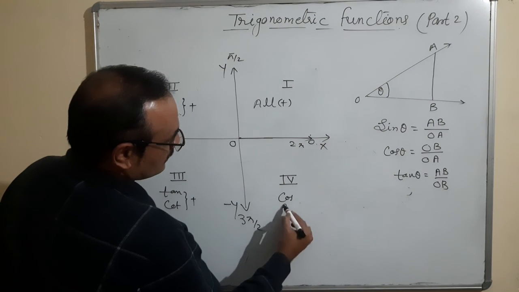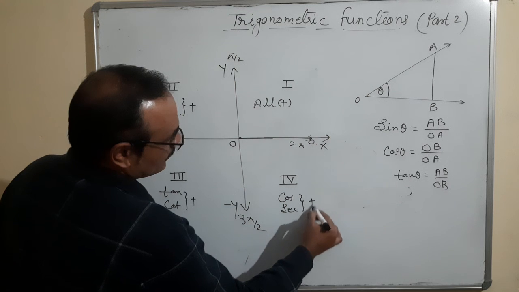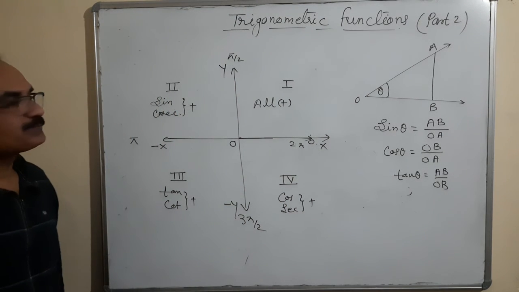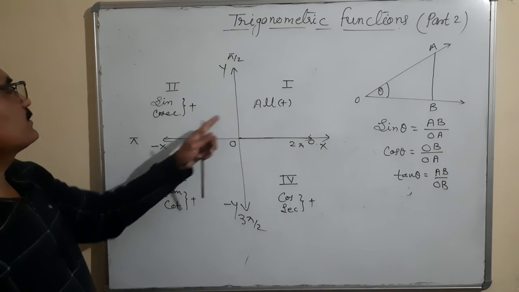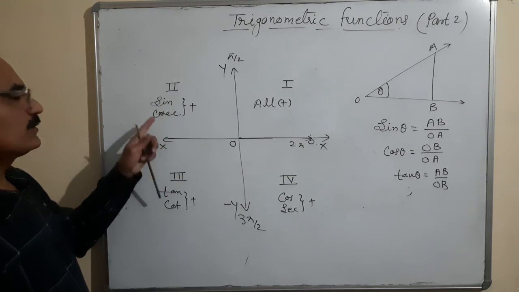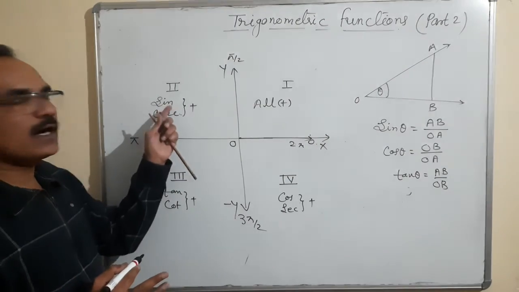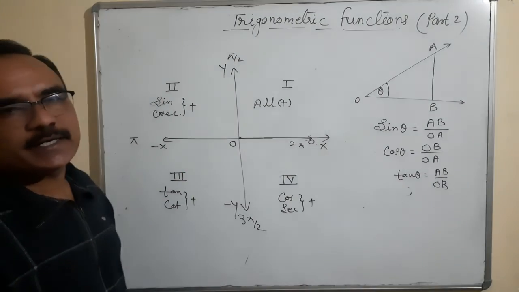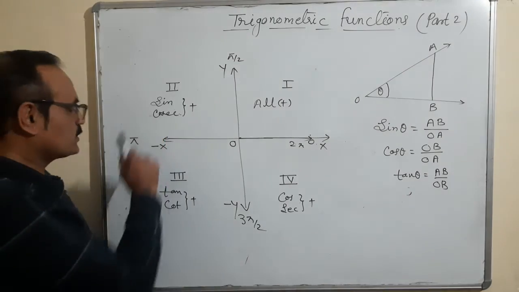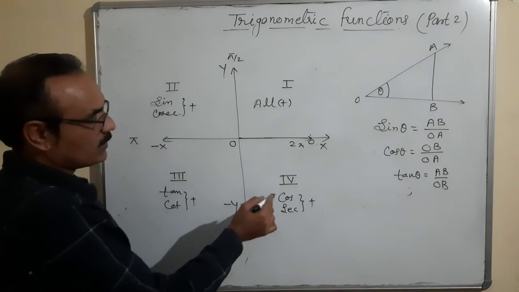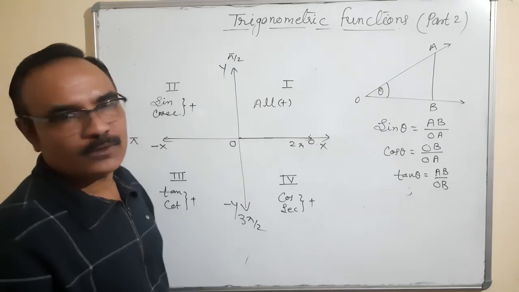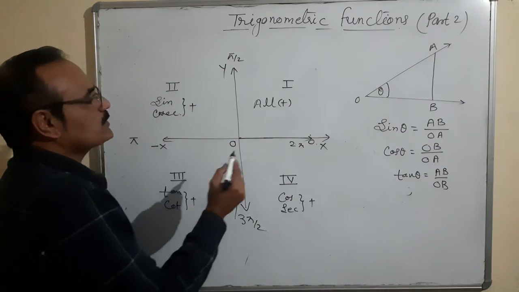Cos and sec positive. All positive. You remember only one thing, sine. After that, you will automatically write its reciprocal. Sine, cosec, tan, cot, and cos, sec positive. Okay.